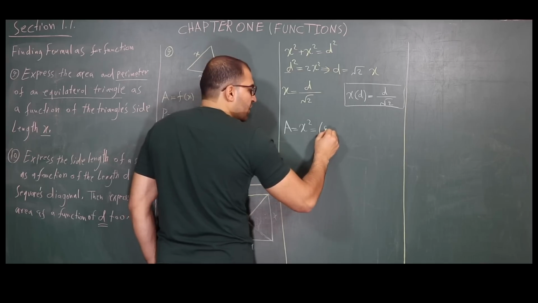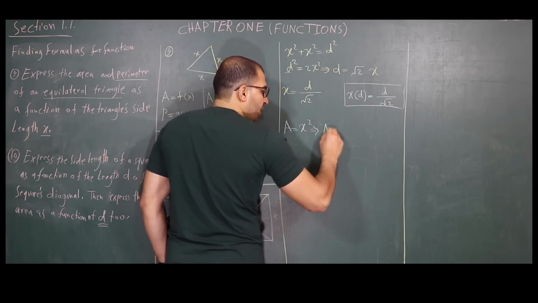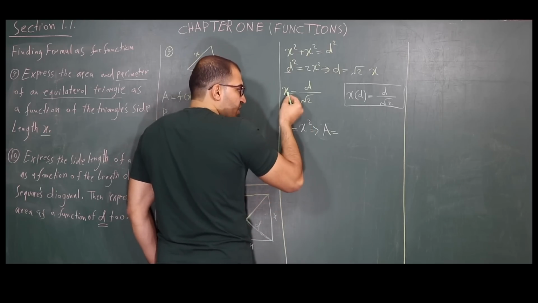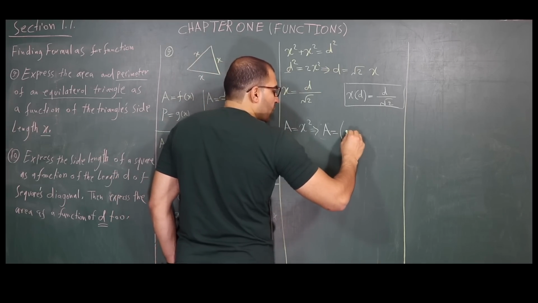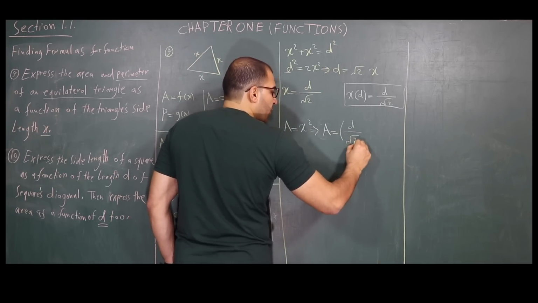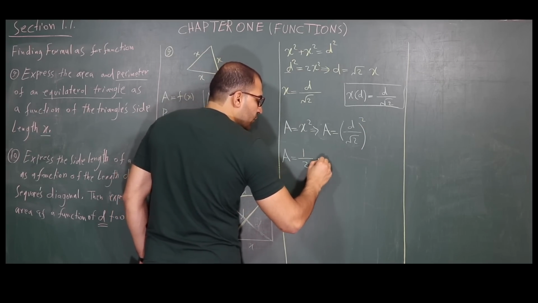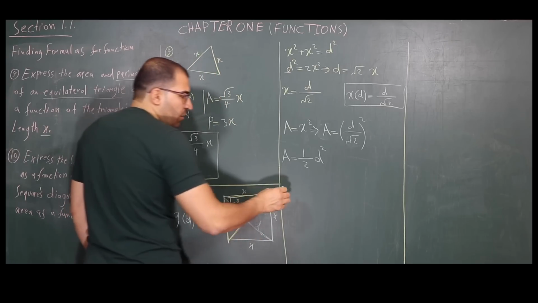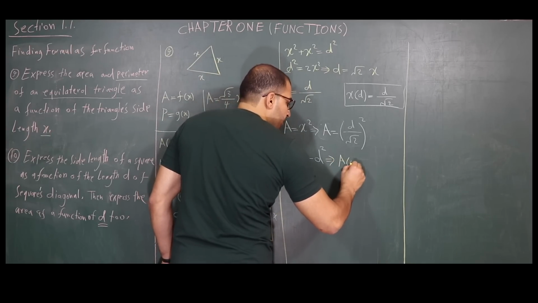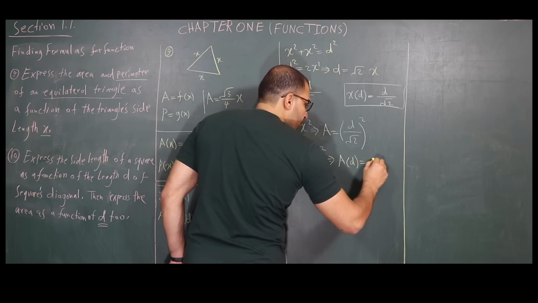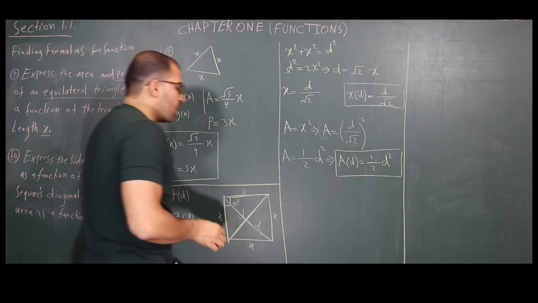So x equals d over the square root of 2, that means A equals d squared over 2, so A equals one half d squared. So now in this step, I expressed A as a function that depends on the variable d.